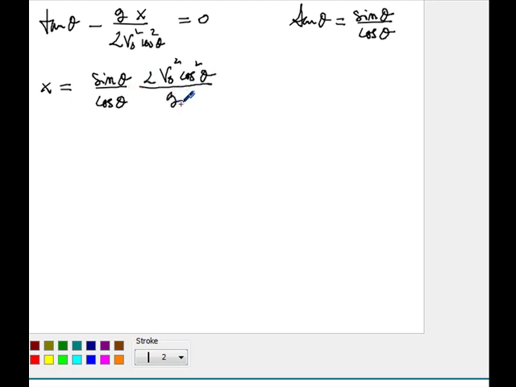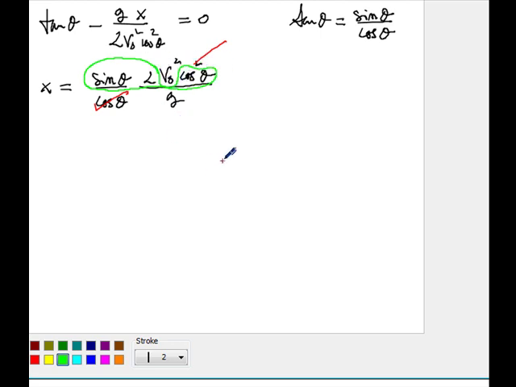The reason why I retransform my tangent as sine over cosine is that I can nuke one of the cosines, and I can recall what I've learned from Math 140 by recognizing this identity.